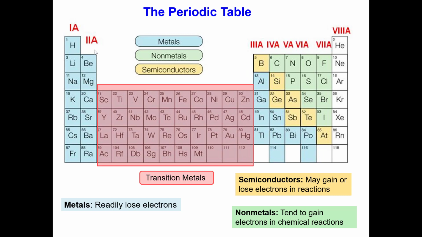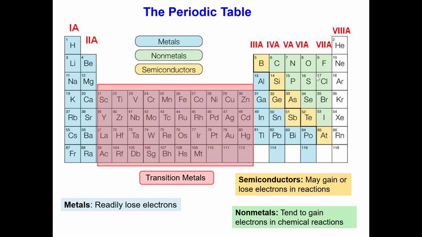Then again, the metals usually lose electrons. It's easy for them to lose electrons to get the electron configuration of the noble gases.